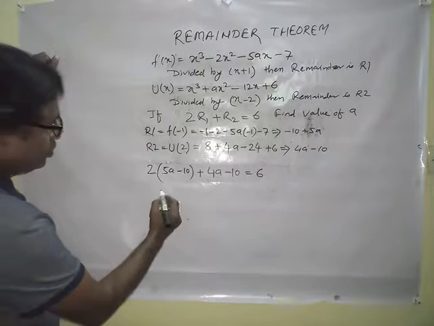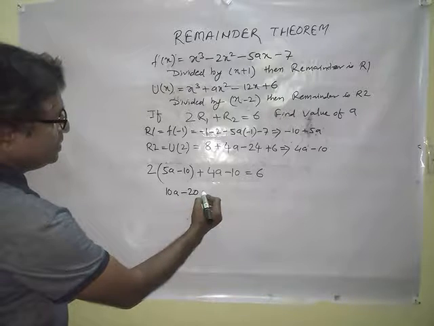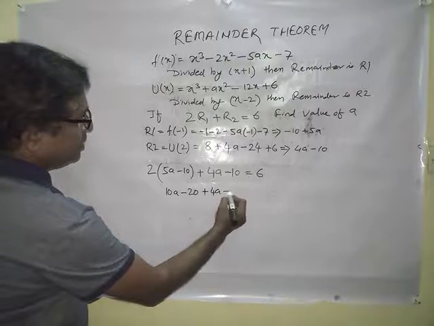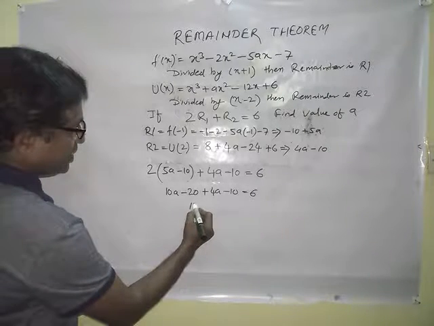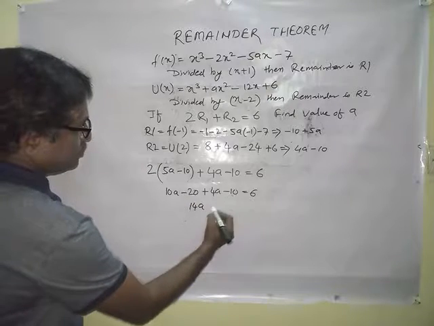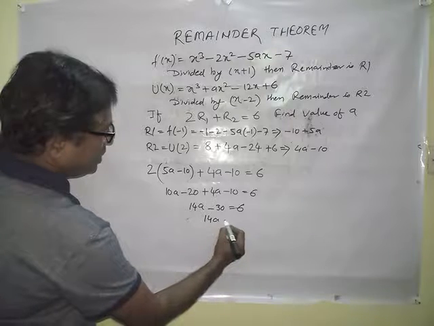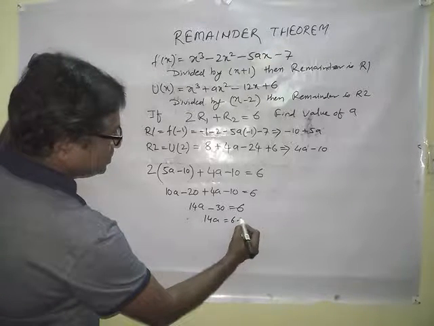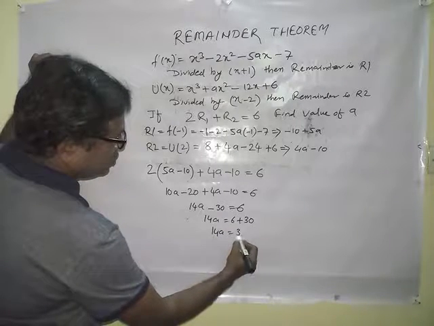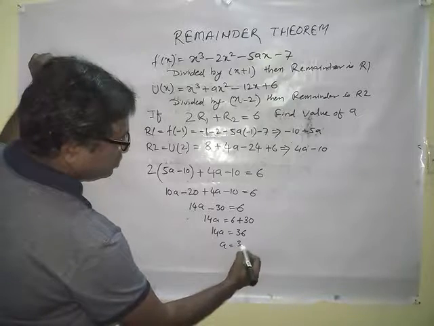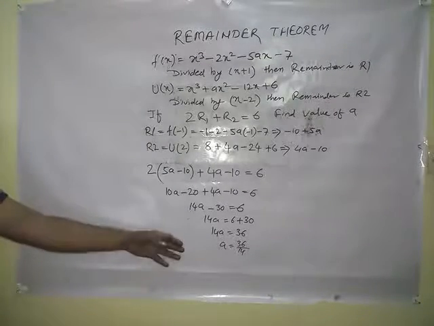Solve this. 2 multiplied by 5a, 10a minus 20 plus 4a minus 10 equal to 6. So 10a plus 4a, 14a, minus 20 minus 10, minus 30, equal to 6. 14a is equal to 6 plus 30, 36. 14a is equal to 36. A is equal to 36 upon 14. You can further solve this equation.